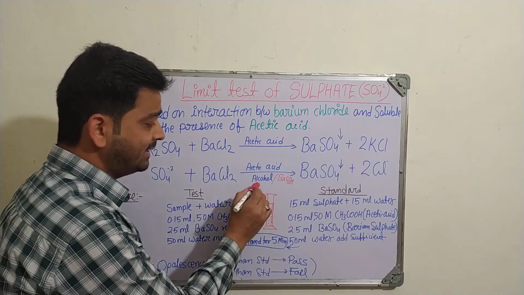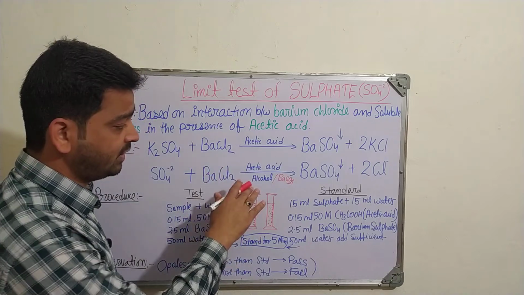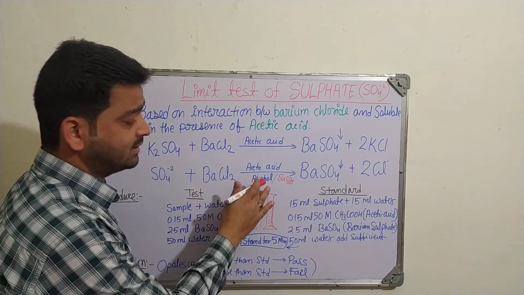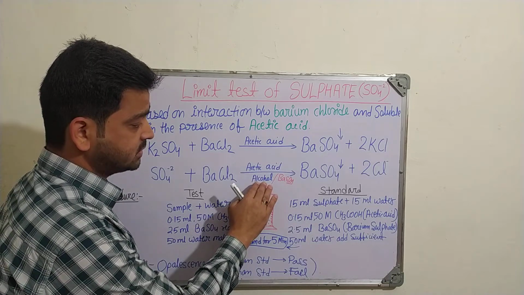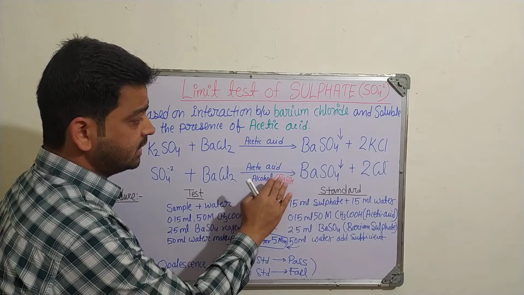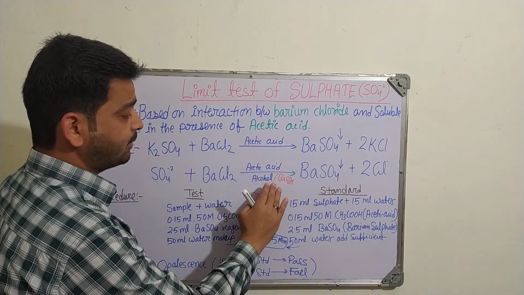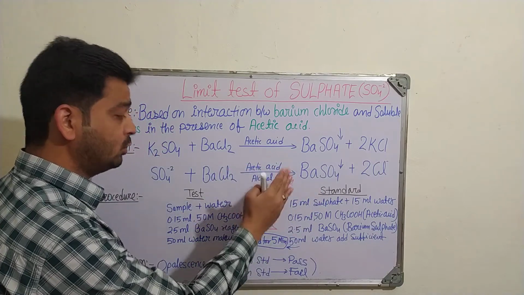And alcohol, or ethanol, if we are adding, is controlling the supersaturation. So we have to add these two things along with the acetic acid.